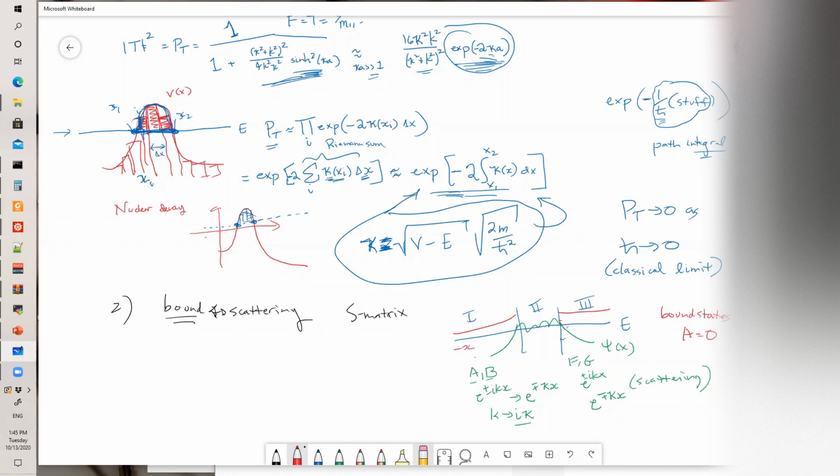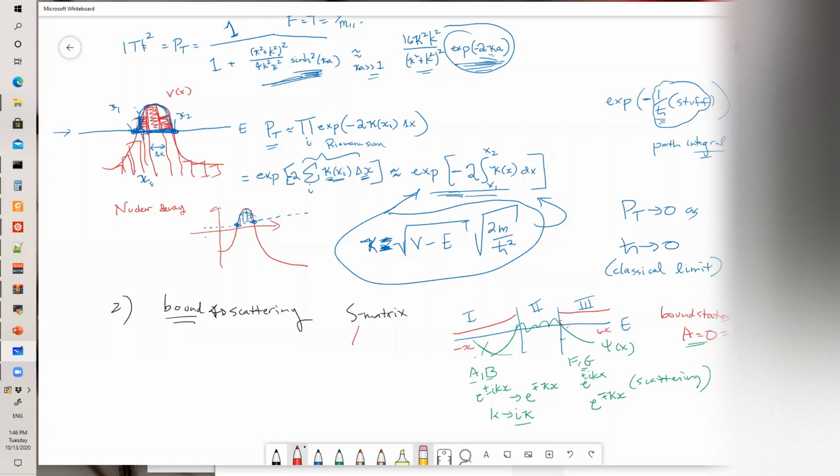You don't want the wave function blowing up for negative x, so you have to set A equal to 0. And out here in region 3, you have to set G equal to 0, because you don't want the plus kappa x solution, which will blow up with increasing x. So both of these are equal to 0.